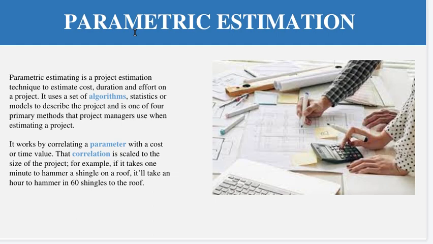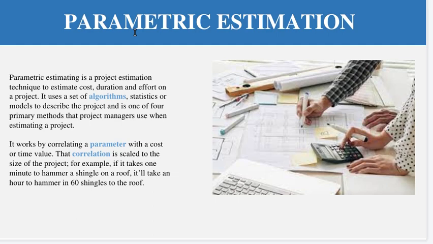For example, you can think that it takes 1 minute to hammer a shingle on a roof. So it will take an hour for 60 shingles on the roof. If one shingle takes 1 minute to hammer, then if you have to hammer 60 shingles, obviously it will take 1 hour or 60 minutes.